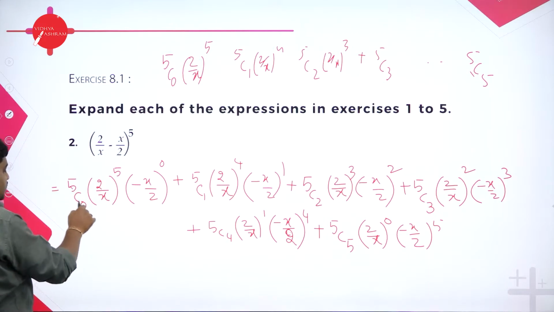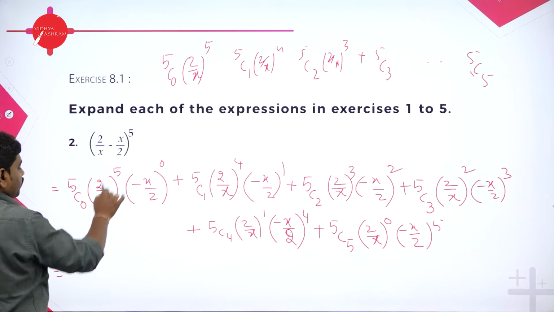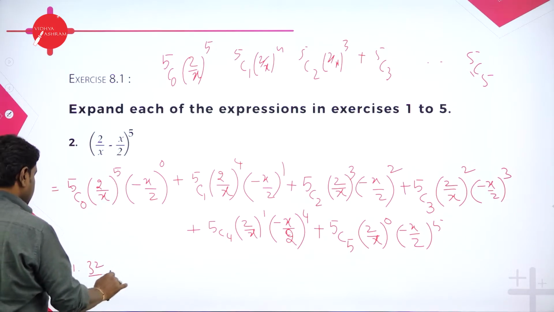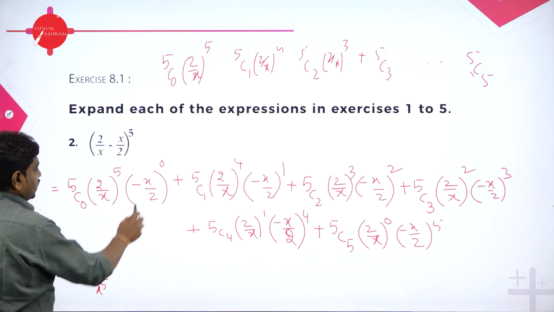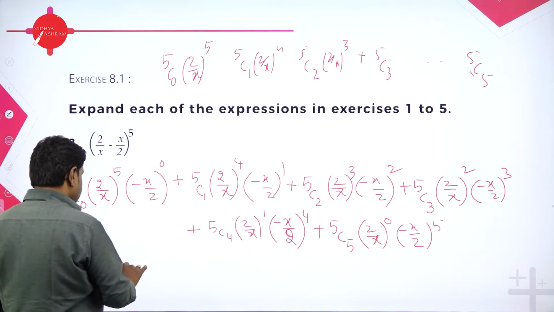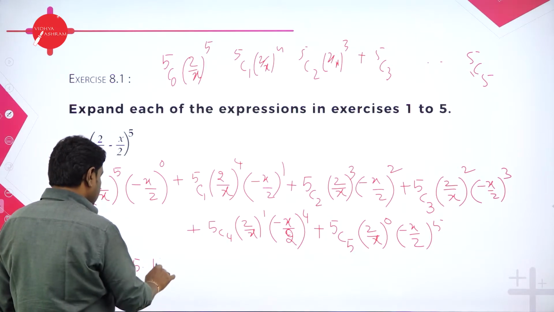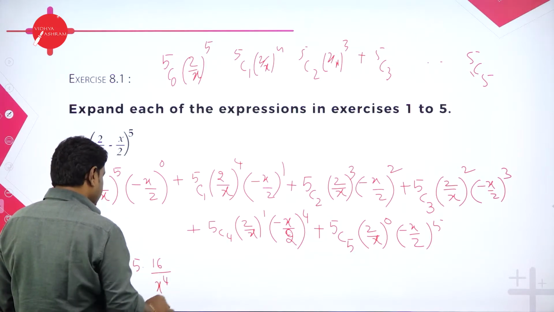All of you know nc0 is 1, so 5c0 is 1, and 2 power 5 becomes 32 x power 5. Anything power 0 is 1, leave it. Plus 5c1 is just 5, and 2 power 4 is 16 divided by x power 4.